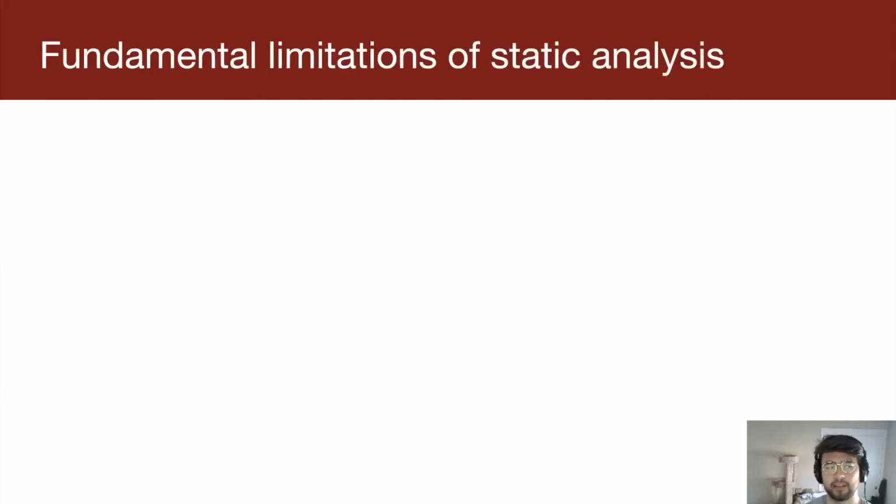So this leads us to a fundamental limitation of static analysis. Dynamic analysis, we can only see problems that actually happen when we run this thing. Static analysis, we could sometimes spot problems, but we also have no guarantees that a program is bug-free.